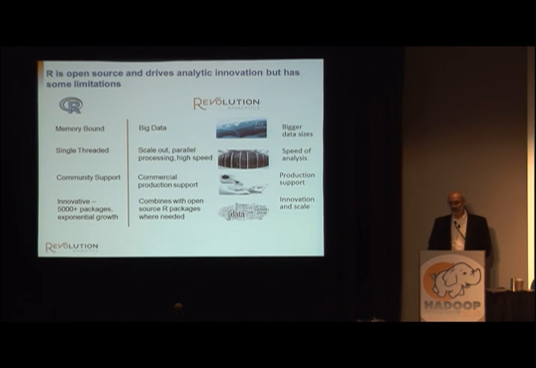They run in memory, which is very convenient, but it does mean that you can't analyze data that's larger than the memory of your computer. Secondly, these algorithms are single-threaded, which limits their scalability and the speed they can attain. Finally, it is a community project, and enterprises need commercial-grade support.